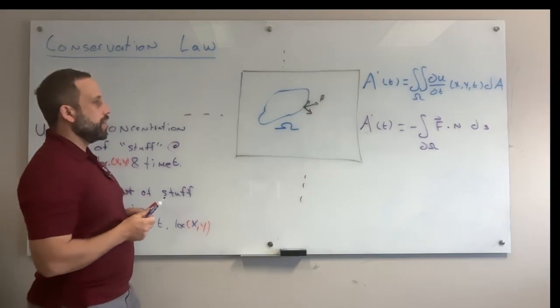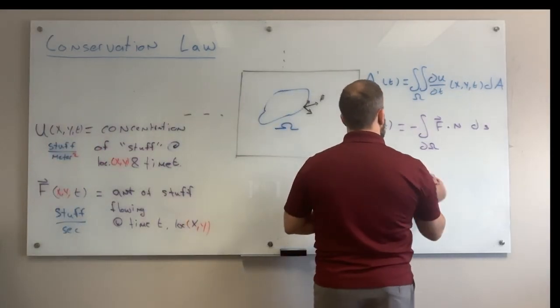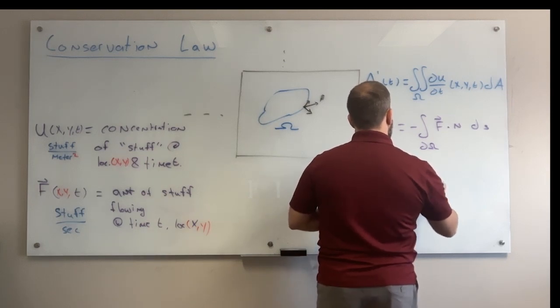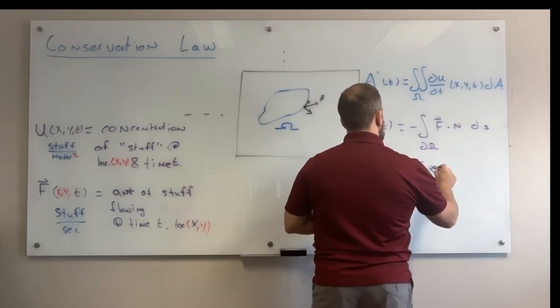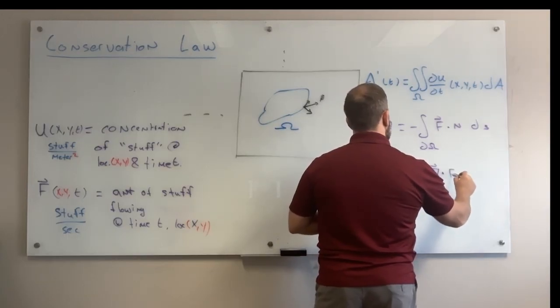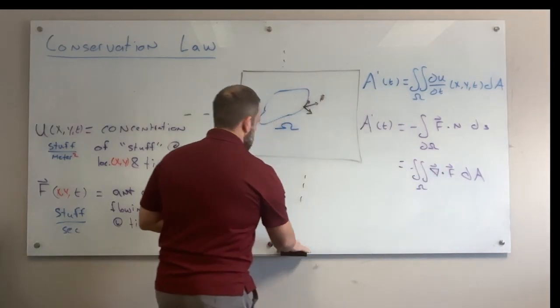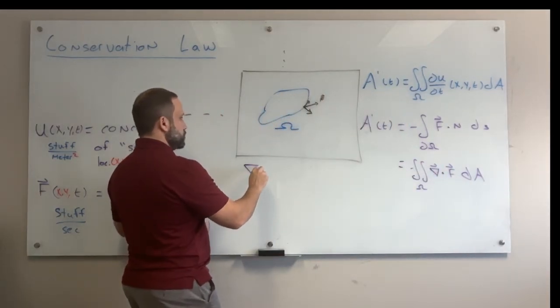Now, using the divergence theorem, this is equal to the integral over omega of minus the divergence of f. Okay, and if you don't remember what divergence is, please try to remember what it is.